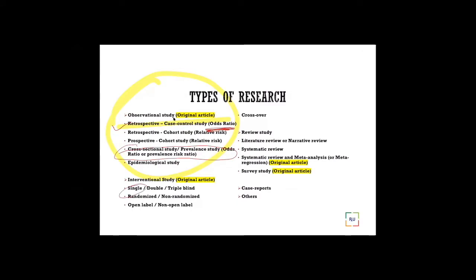Double blind means the patient is not aware, and the doctor is also not aware of what he is giving. A standard computerized system will generate the code which decides which patient will receive the intervention medicine and which patient will receive the placebo. So everything is decided by system-generated codes.